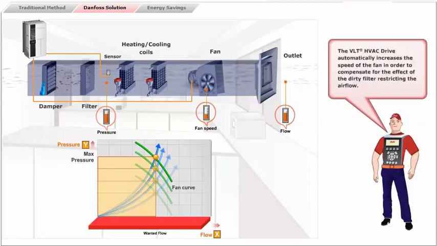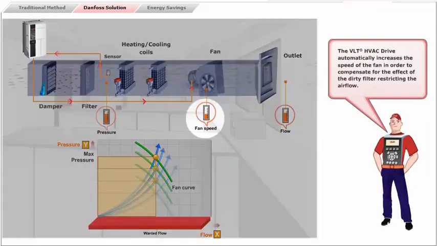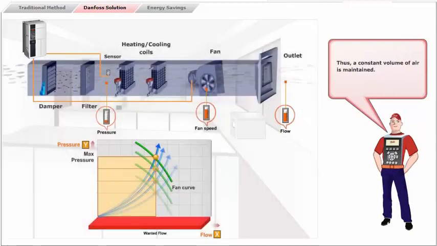The VLT HVAC drive automatically increases the speed of the fan in order to compensate for the effect of the dirty filter restricting the airflow. Thus, a constant volume of air is maintained.